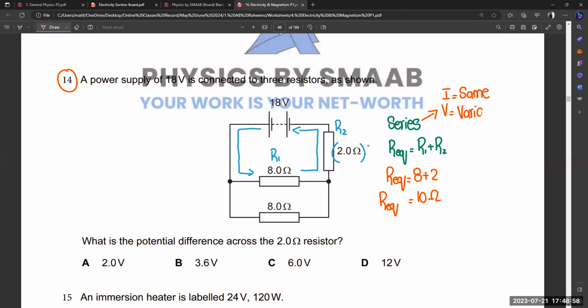That's why they are asking about the value of V across the 2 ohm, because they know that current will remain the same. And how are we going to find the value of electric current? You can find it from the total voltage.